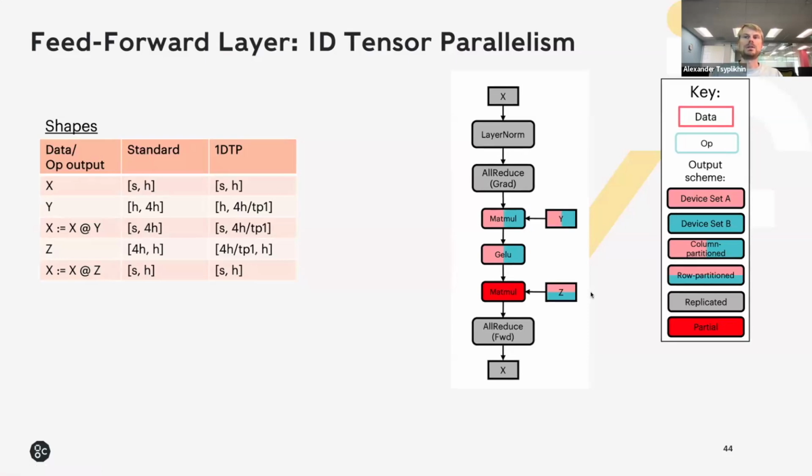Because as we use this row-wise sharding of the matrix Z, we will be able to produce a matrix of the full dimensions of the entire S by H size on each device. It will be just a partial matrix as I shown here.